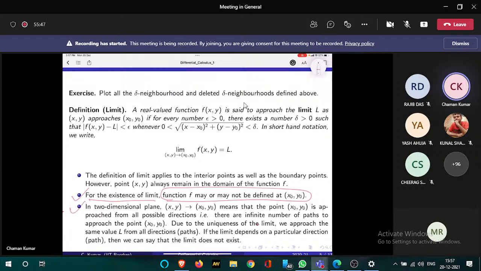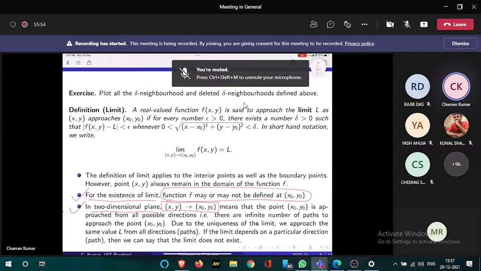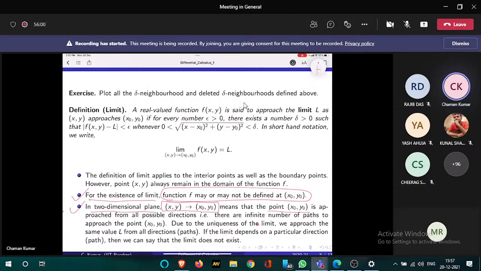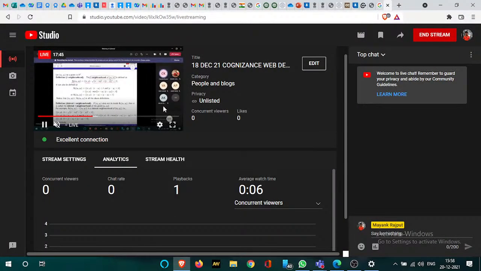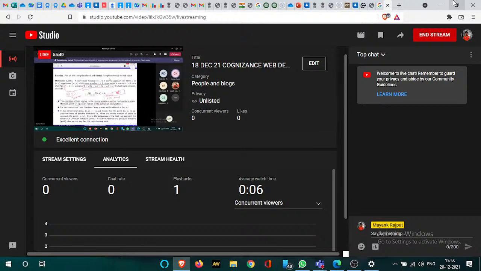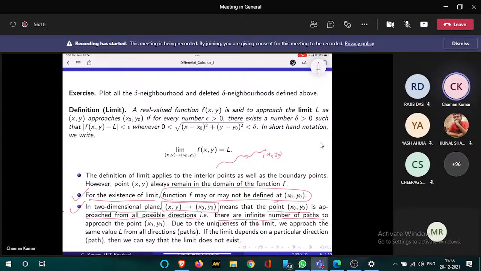Now the third point is, in the two-dimensional plane, when you write this expression (x, y) goes to (x0, y0), this means that the point (x0, y0) is approached from all possible directions. I just said this, and that is, there are an infinite number of paths. You can approach this point through this zigzag path also.